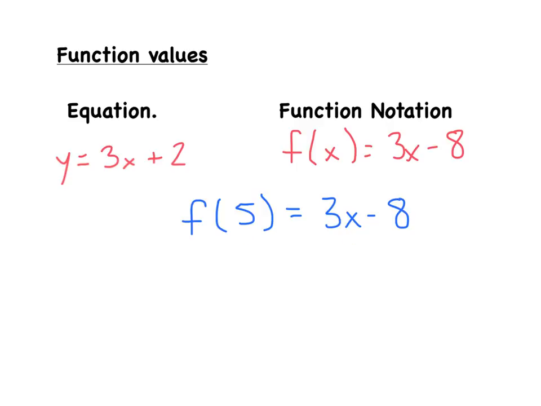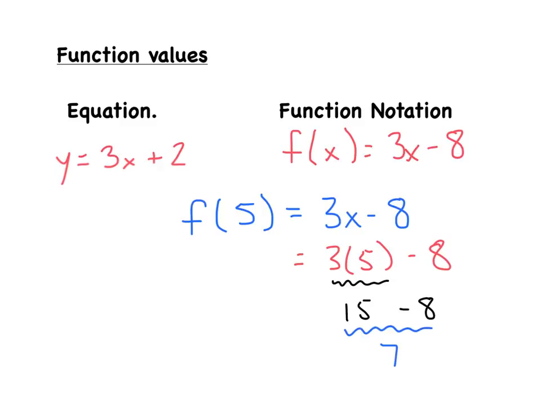So when you rewrite this, it would be 3 times 5 minus 8. So from there, we solve multiplication: 15 minus 8. 15 minus 8 is 7. So for the function f of 5, the answer is going to be 7.